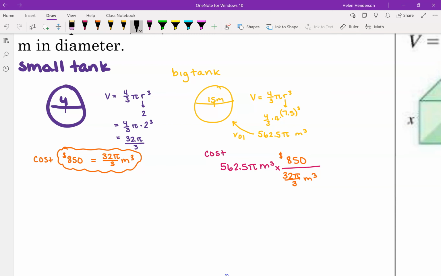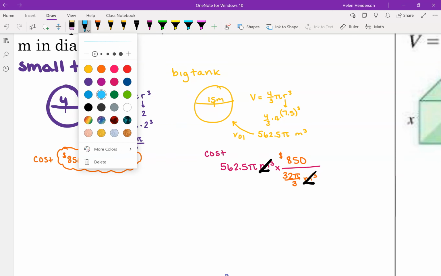And now check this out. Meters cubed, those cancel. And so I'm going to end up having to do 562.5 pi divided by 32 pi over 3.